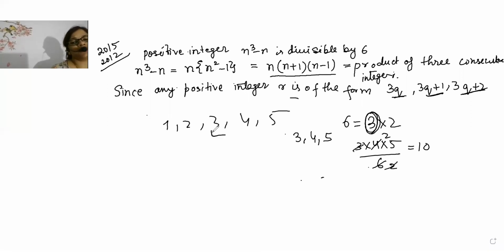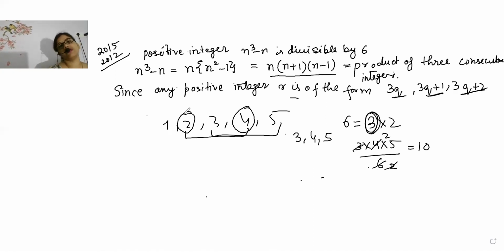So if 3 continuous numbers you will take, one even number will ultimately come. So definitely 2 problem is not there. Problem is having 3. Because of that, we have taken an integer r, and that r integer we have taken of the form 3q plus 1 and 3q plus 2. Why? Because we wanted a multiple 3 there. Now you've understood why we have taken 3q?